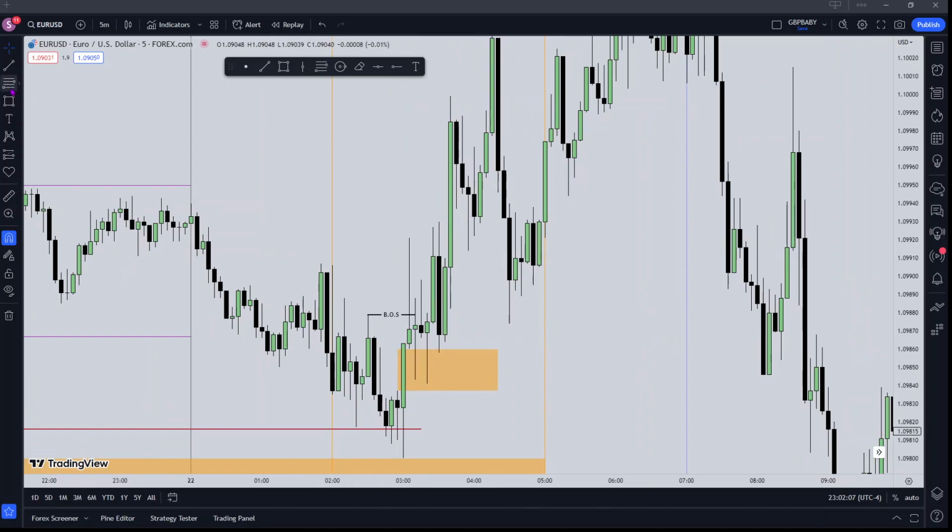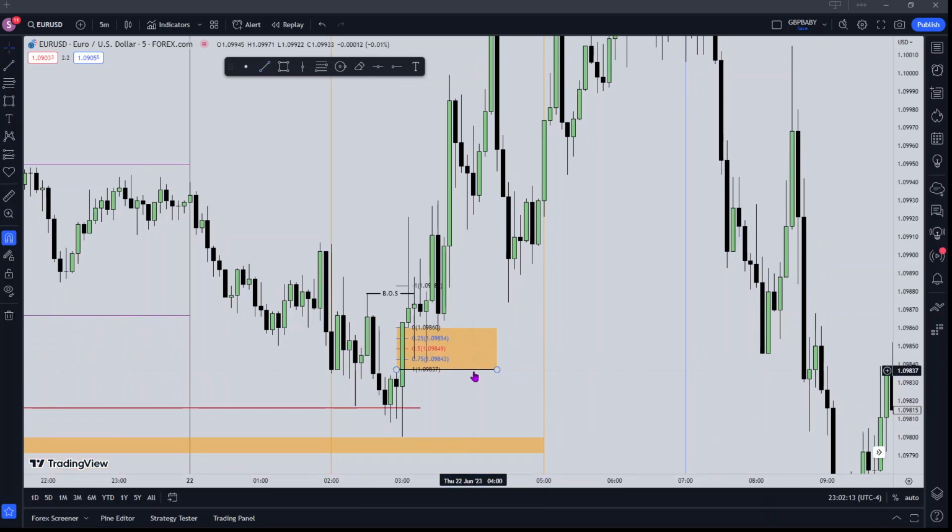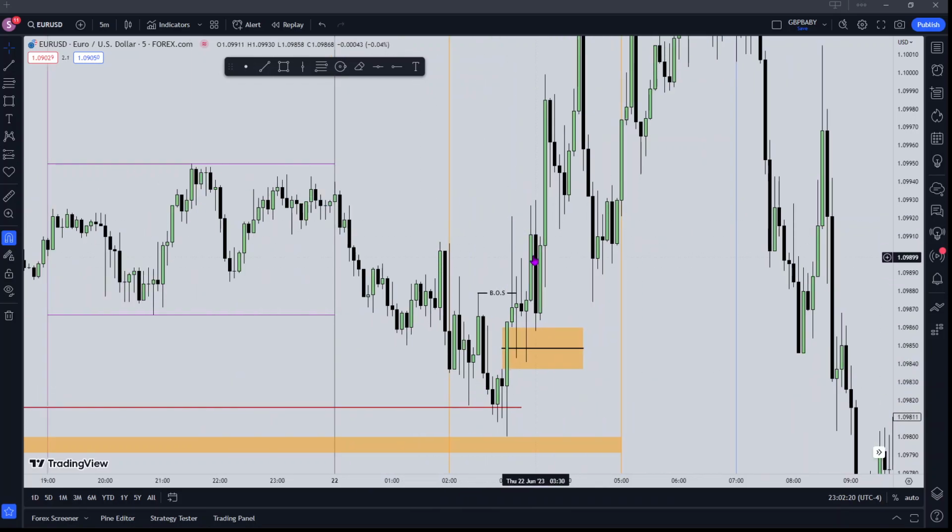That's just what I prefer to see. And you can see we wick down into this fair value gap. But once we close above here and then come back down, I'd say this will be a nice buy into this buy side liquidity resting here.